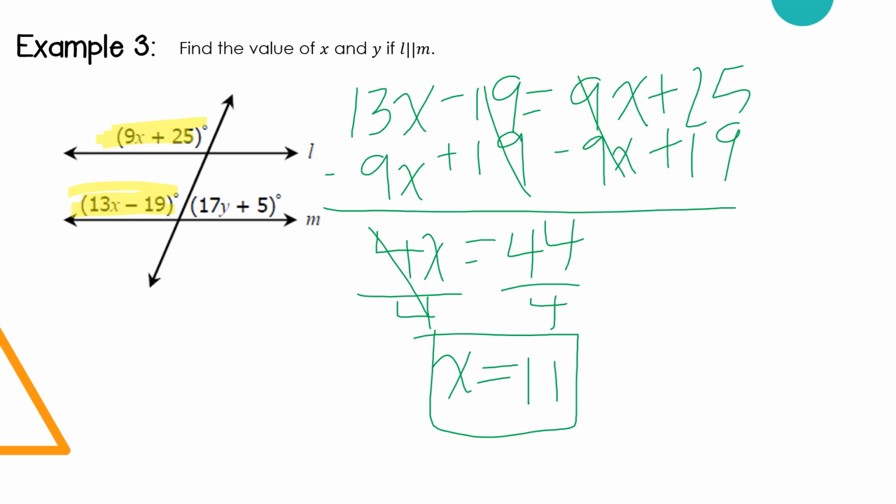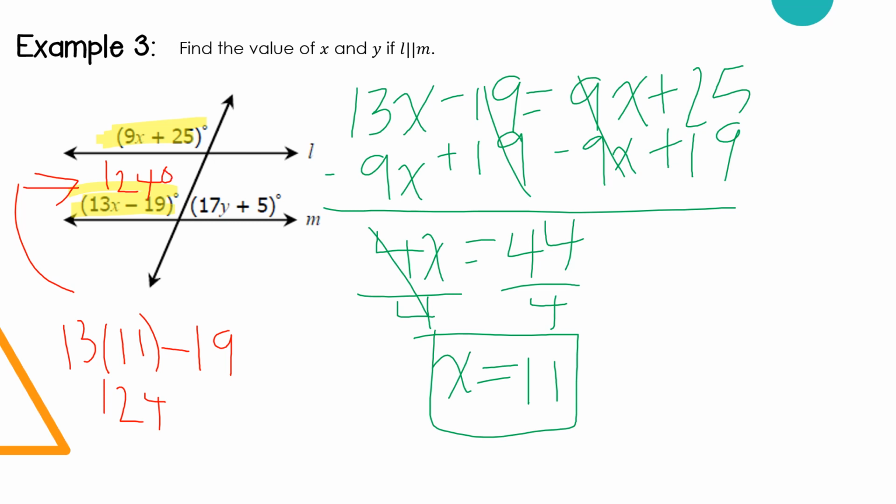which is 11, into that 13x minus 19. So I'm going to do 13 times 11, which is 143, and then I'm going to subtract 19. So just so you can kind of see, I'm going to do 13 times 11 minus 19, and that's going to give me 124 degrees.